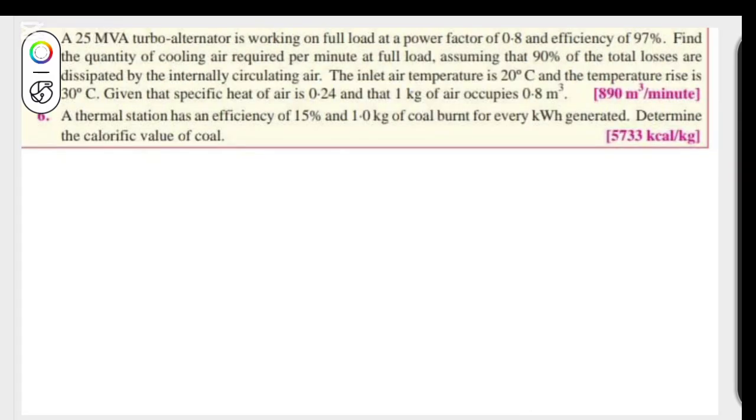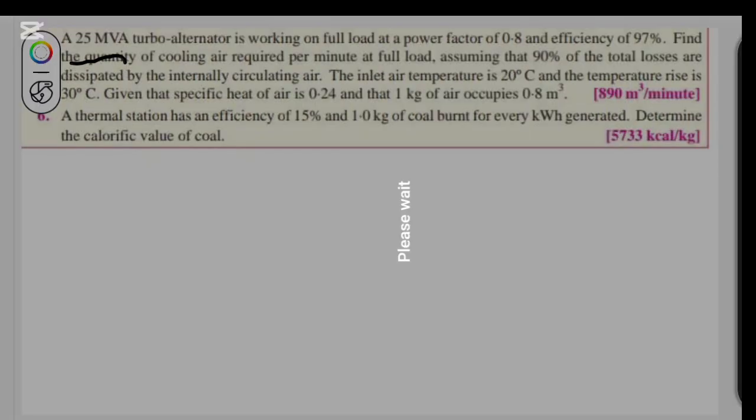So the next question says a 25 megavolt-ampere alternator is working on full load at power factor of 0.8 and the efficiency of 97%. Find the quantity of cooling air required per minute at full load, assuming that 90% of the total losses are dissipated by the internally circulating air.